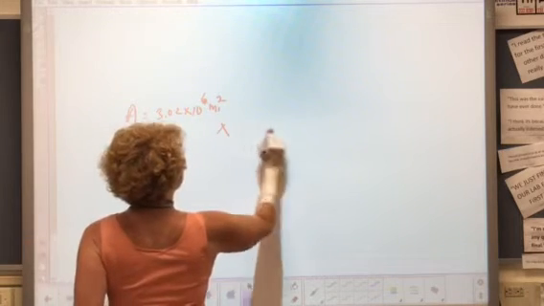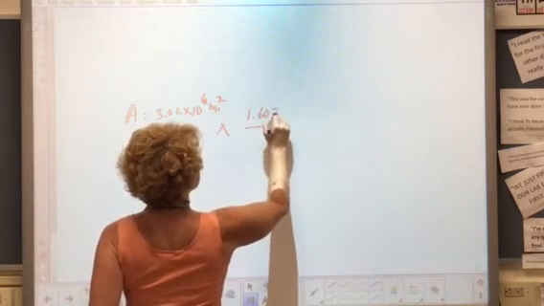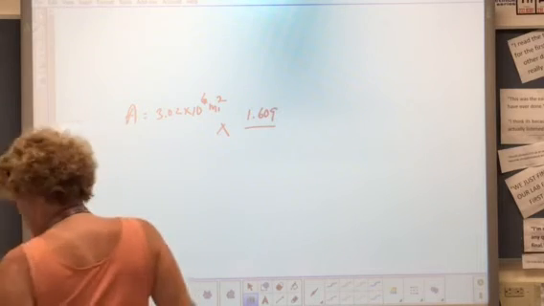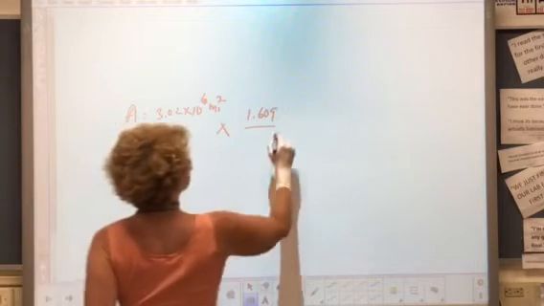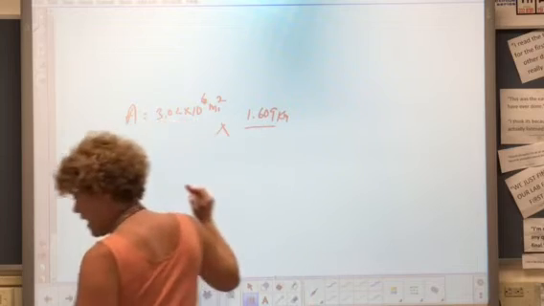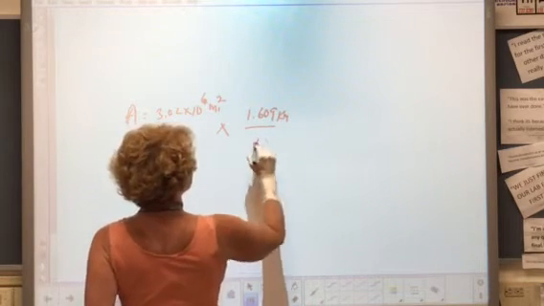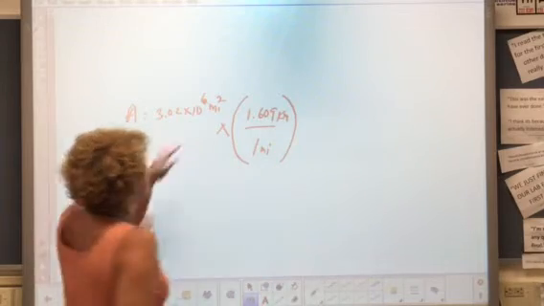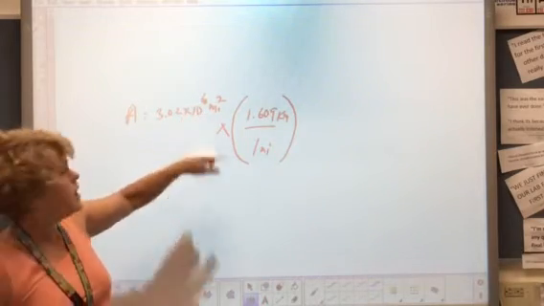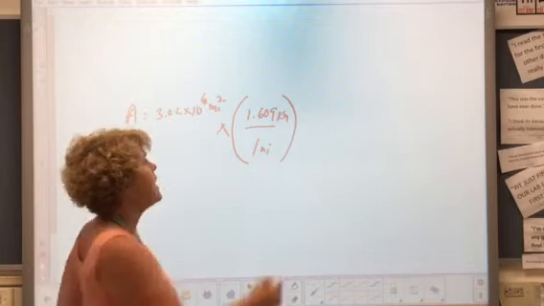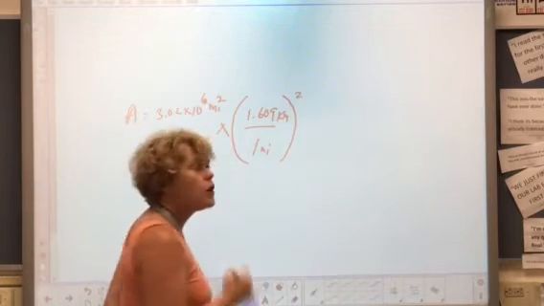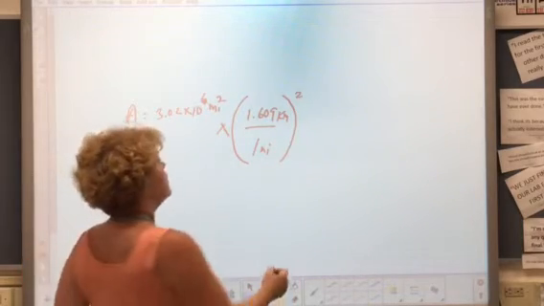So this is given. This is a conversion factor. Okay, we'll give you these. 1.609 kilometers, you do not have to memorize this, is equal to 1 mile. What you have to remember is this. Notice the unit is squared, so what do I have to do with these units? I have to square them. Don't forget, that's a very important step.